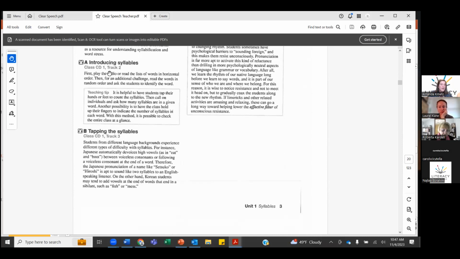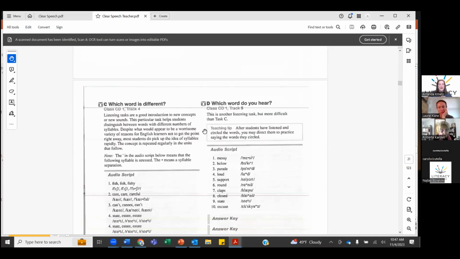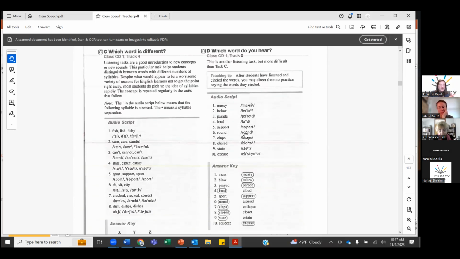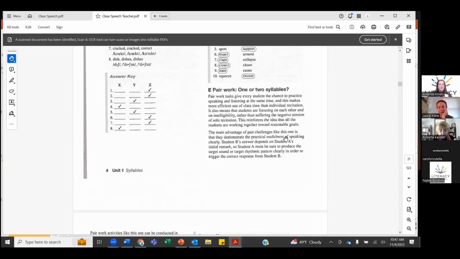Unfamiliar vocabulary, and then it will tell you with each individual exercise in the book, give you some additional tips and suggestions, tells you which audio track that you should play with the different exercises, gives you the answer keys. So there's a lot of really good information in the instructor resource guide as well. In particular, as I said, that introduction, in case you don't have a big background in teaching pronunciation, reading through will help you understand some of the fundamentals of the book here.